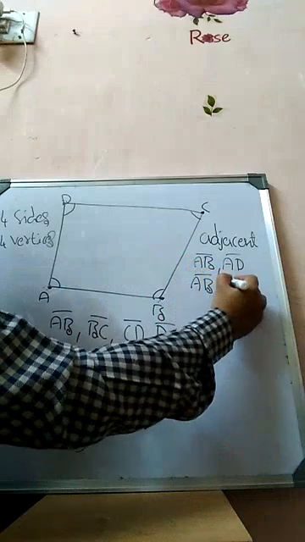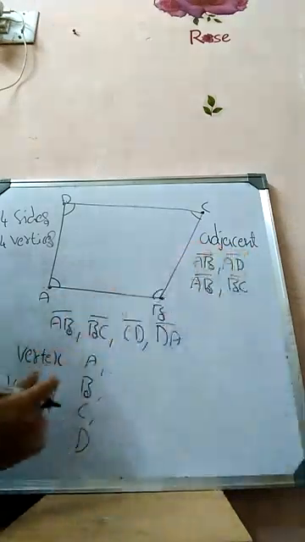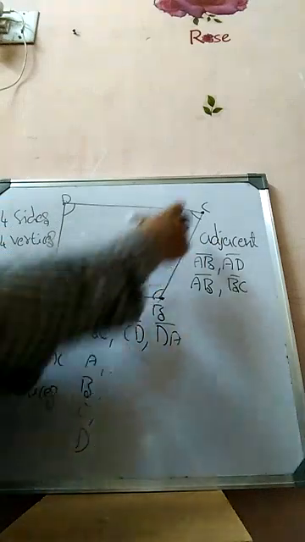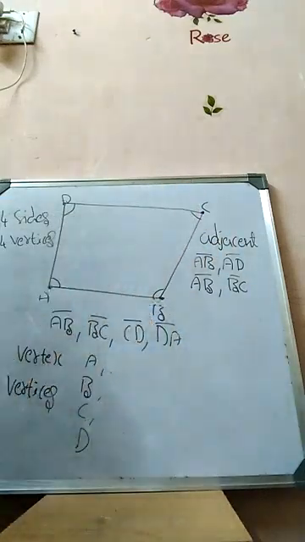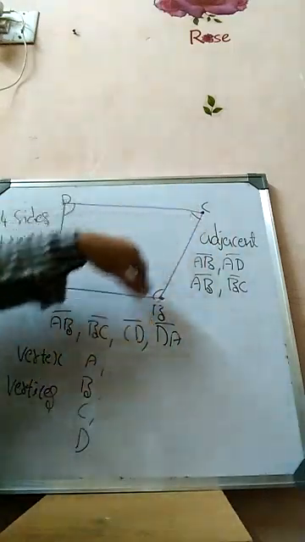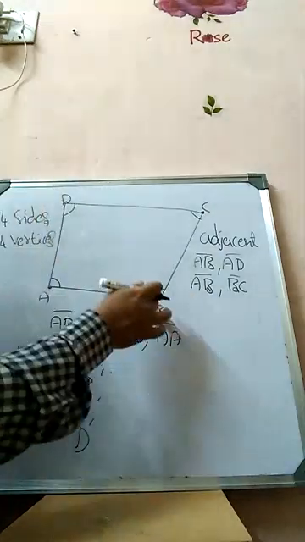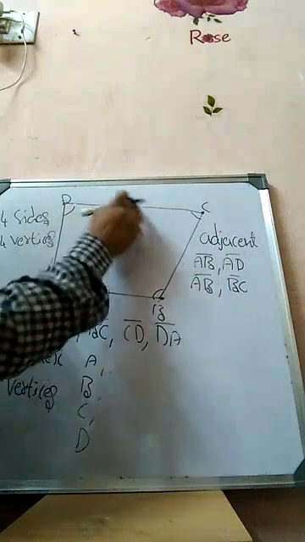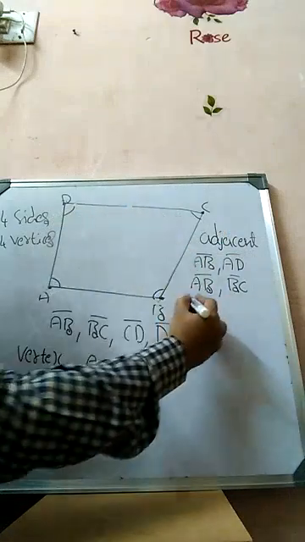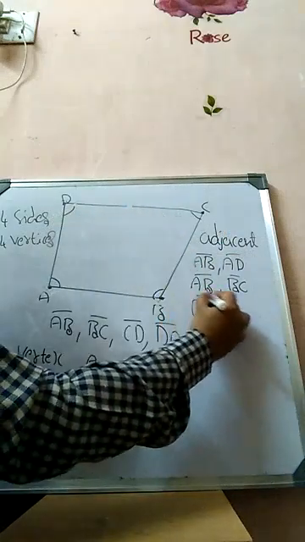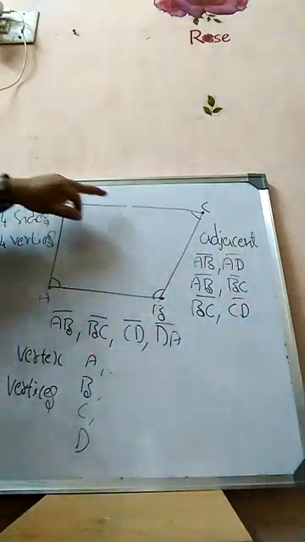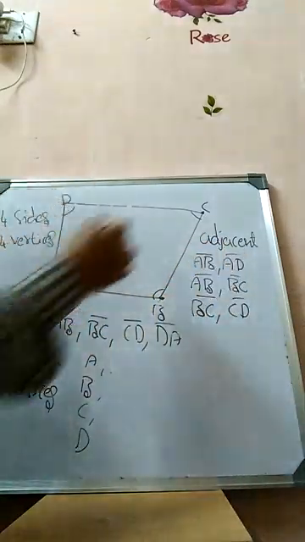AB, BC. Look, AB and AD have a common point. AB and BC have a common point. That's why this is one pair, and this is one more pair. And some more: BC and CD also have a common point. So one more pair is BC and CD. Same like that, CD and AD.